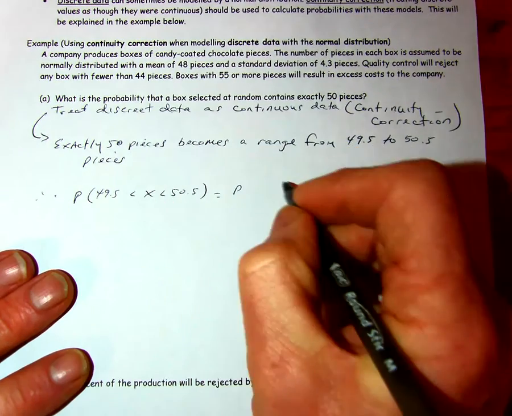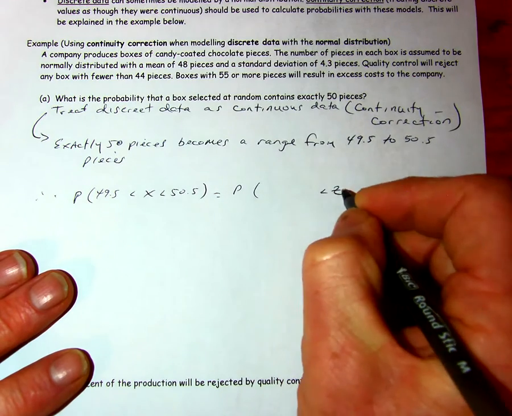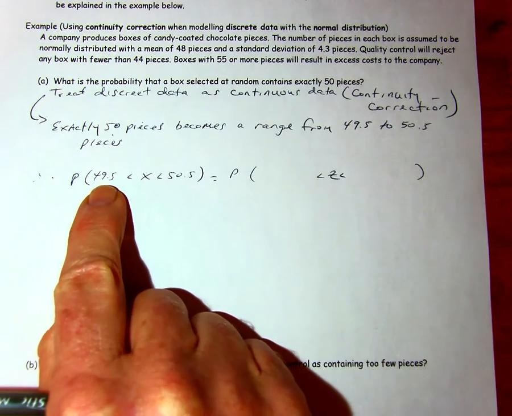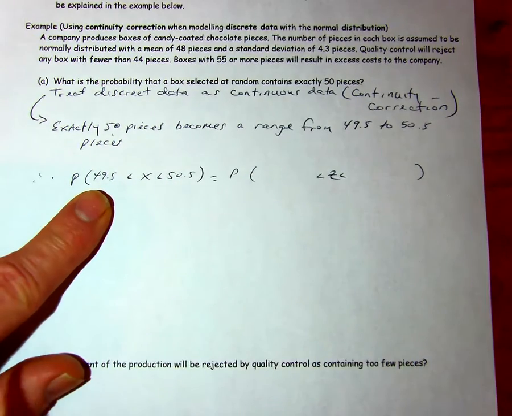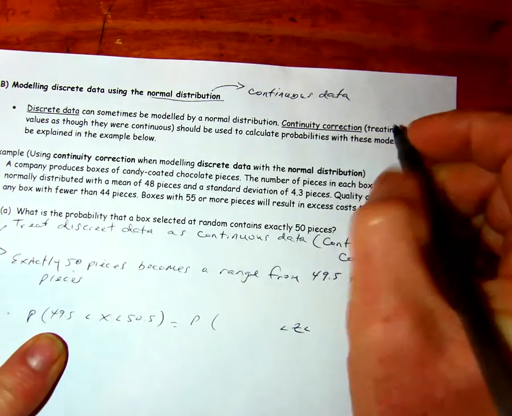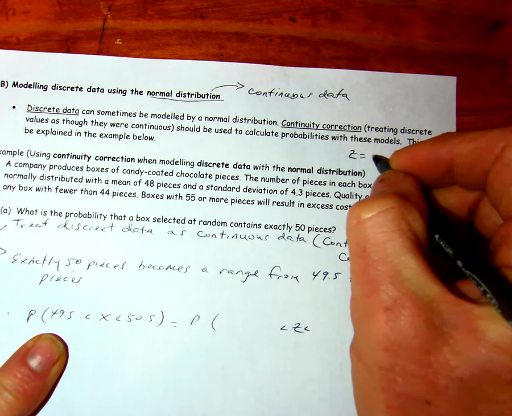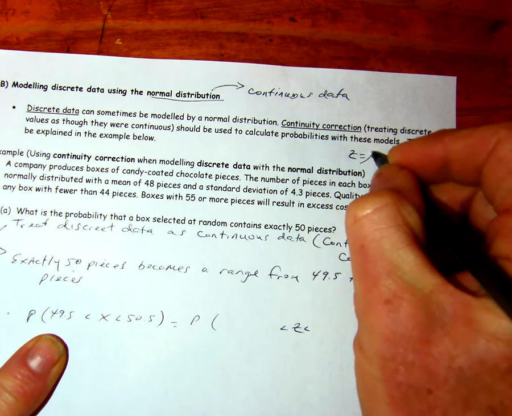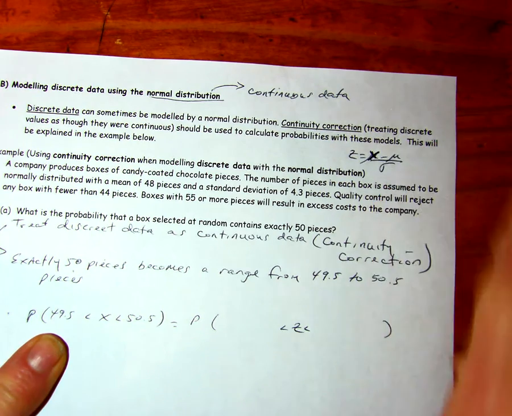Again, we want to convert these to z-scores. What's the z-score for 49.5? Remember, the z-score equals the x value minus the mean, over the standard deviation.